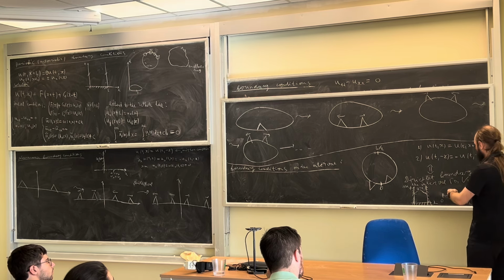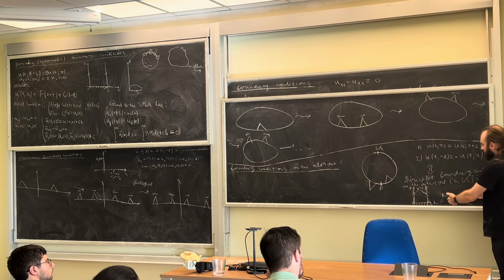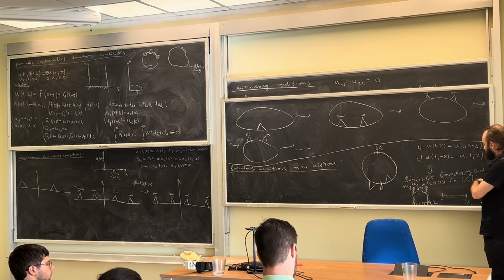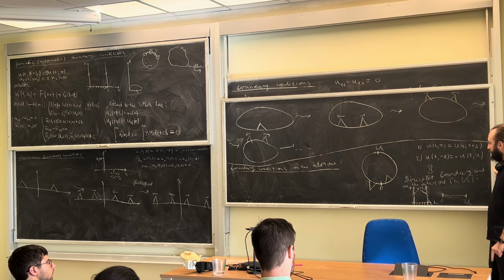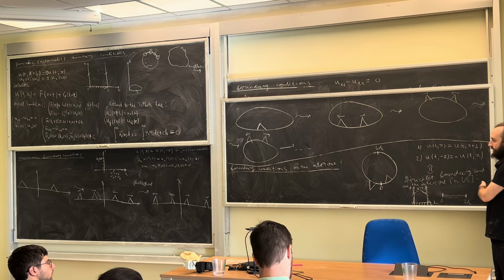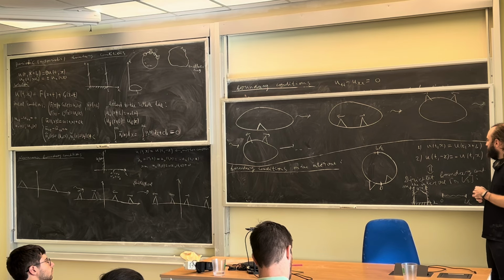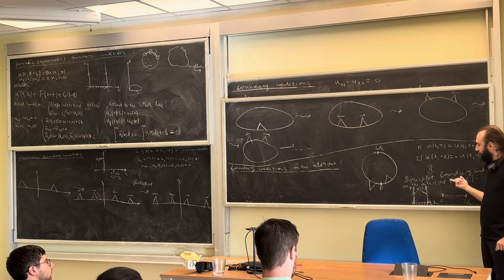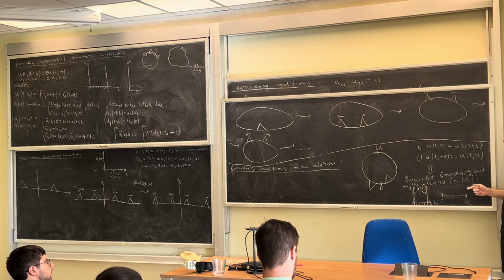So we have a mirror at point L over 2, it adds a mirror image of this interval, then another mirror reflects everything, and we have this whole interval drawn again and again and again. So this allows us to write a general solution of the wave equation on the interval.